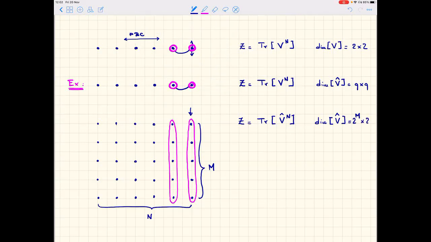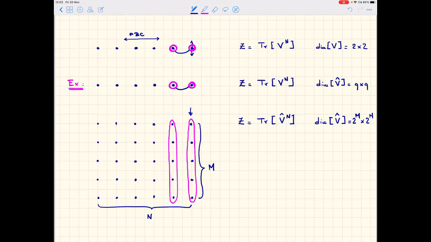So the transfer matrix is going to be a 2^m by 2^m matrix. It's going to be a huge matrix, in other words, when you go to 2 dimensions. And in 3 dimensions, it's going to be even more complicated, because instead of columns, you're going to have planes, and so on and so forth.